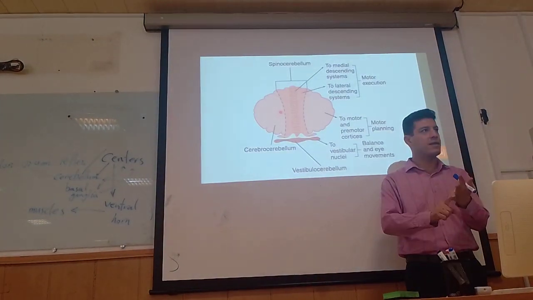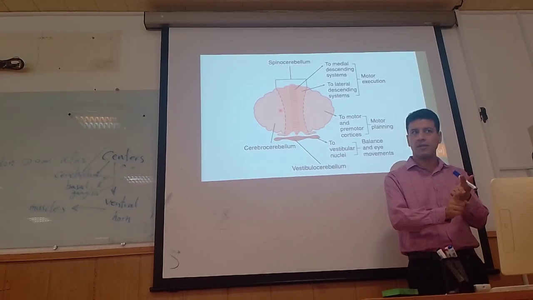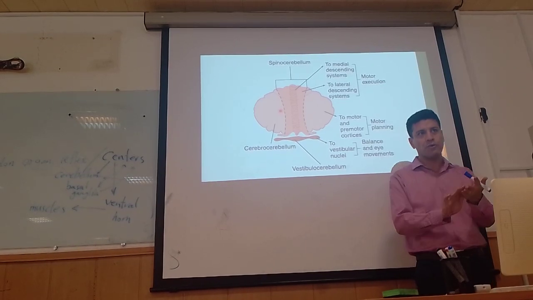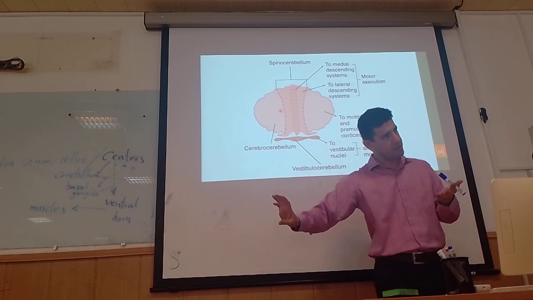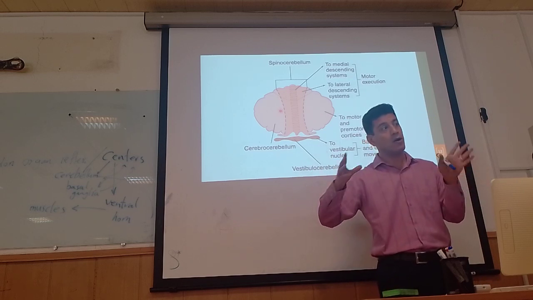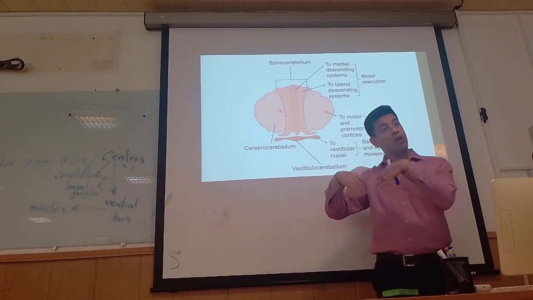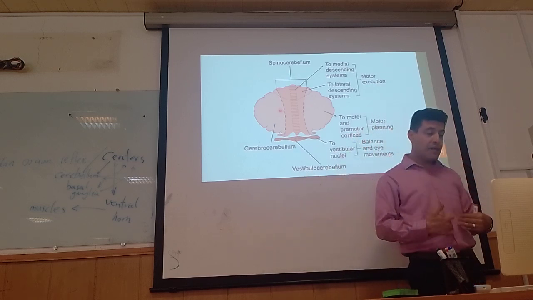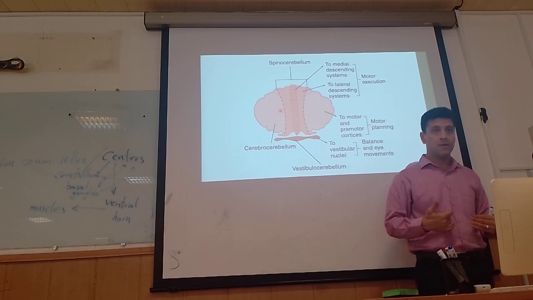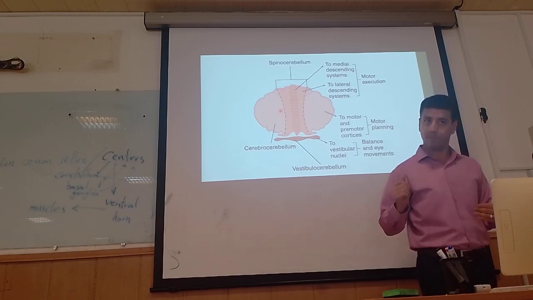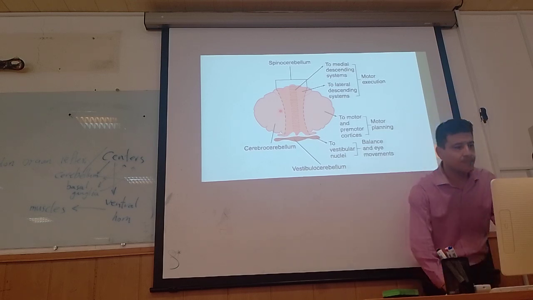The timing, intensity, interplay between agonist and antagonist. Remember, smooth progression from one movement to the next movement. All of these are coordinated in the intermediate zone. And all of these for the axial muscles are coordinated in the vermis, right?